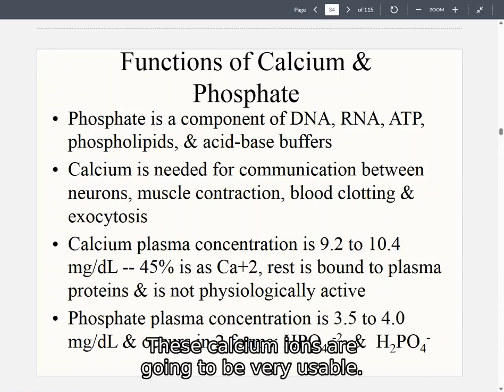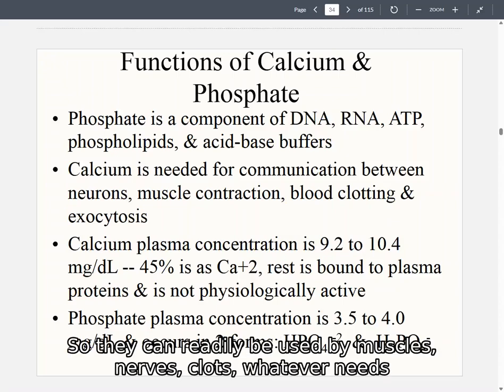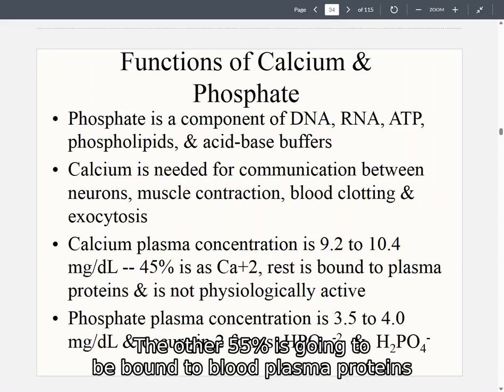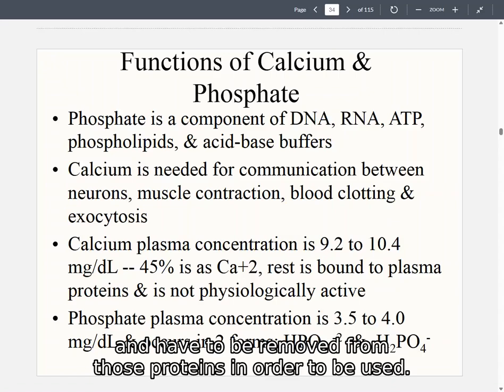These calcium ions are very usable, so they can readily be used by muscles, nerves, clots, whatever needs to use them. The other 55% is going to be bound to blood plasma proteins and has to be removed from those proteins in order to be used.